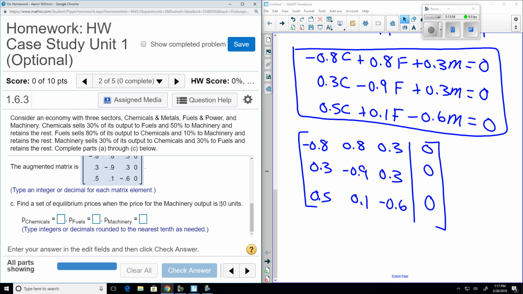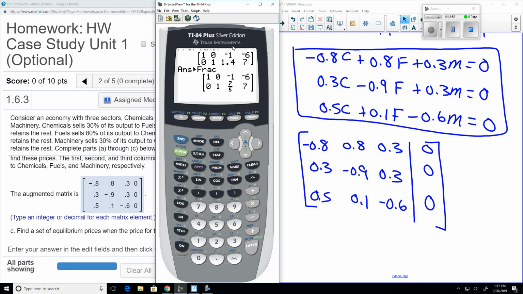So let's put this in a calculator. Row reduce. We get this.